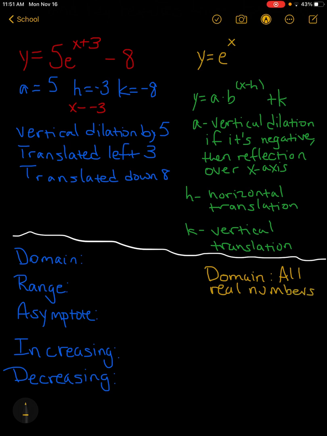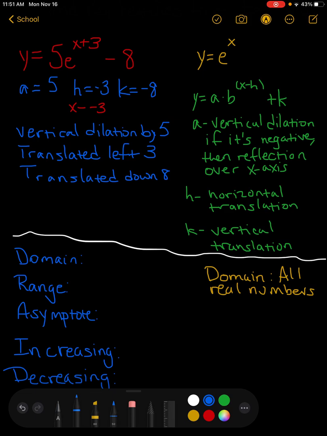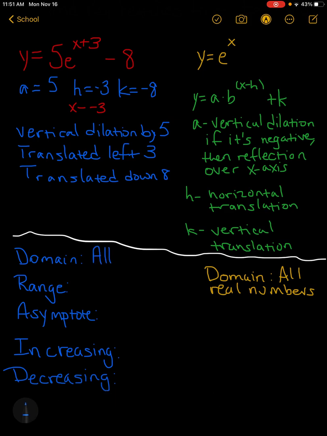So no matter what kind of transformation takes place, left and right, it's always going to be all real numbers. So that one's easy enough, all real numbers. Now the range, however, will be affected by moving up and down.